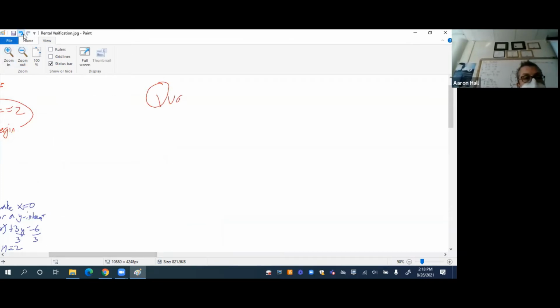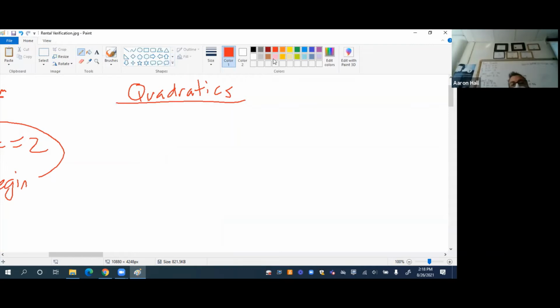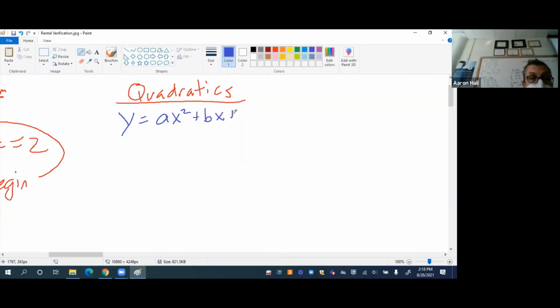How many acceptable equations are there for quadratics? Is there a standard form? Isn't standard form like this? Y equals a times x squared plus b times x plus c.